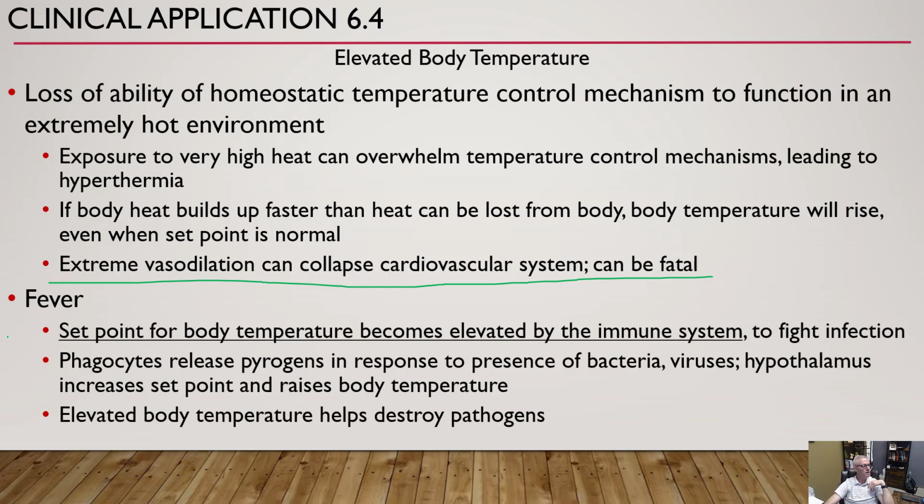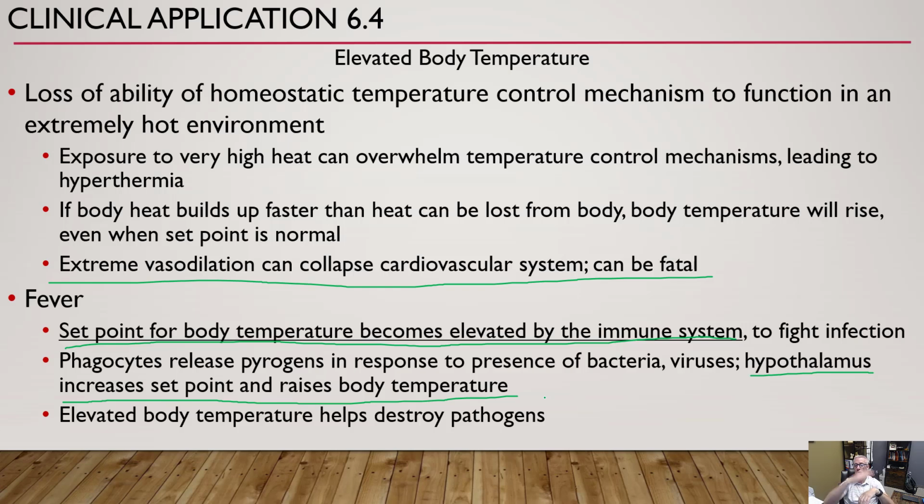So that's why it says this set point for the body temperature becomes elevated by the immune system to fight off that infection. And it says phagocytes release these pyrogens in response to the presence of bacteria, viruses, and the hypothalamus increases that set point and raises your body temperature.